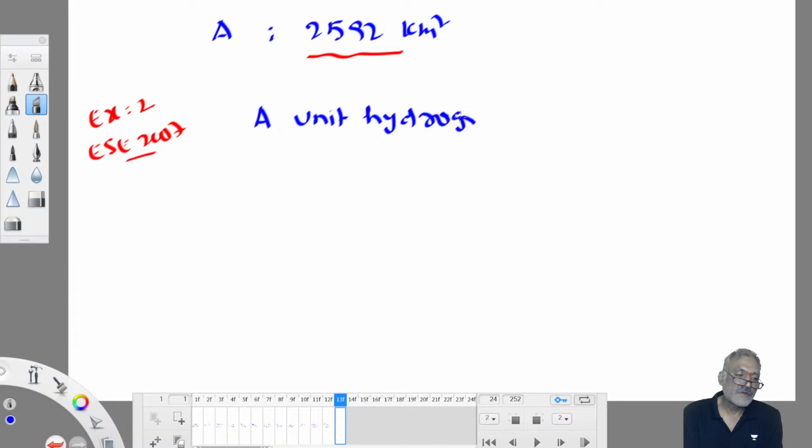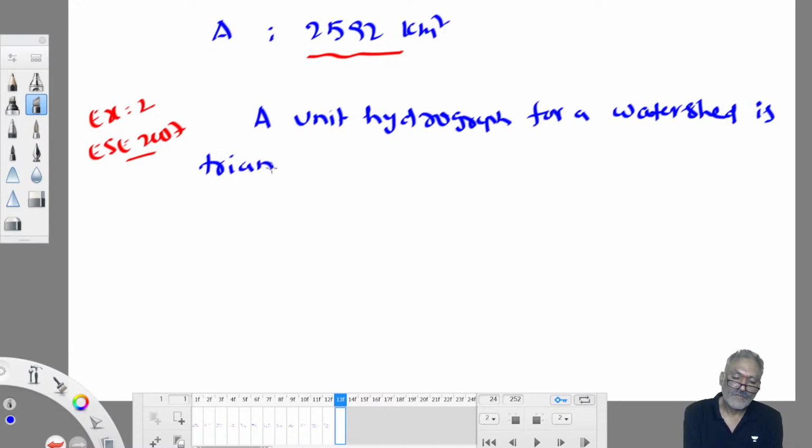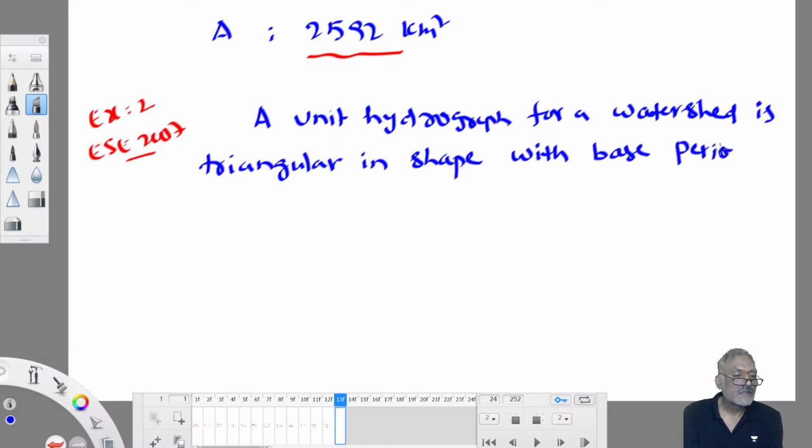A unit hydrograph for a watershed is triangular in shape with a base period of 20 hours.